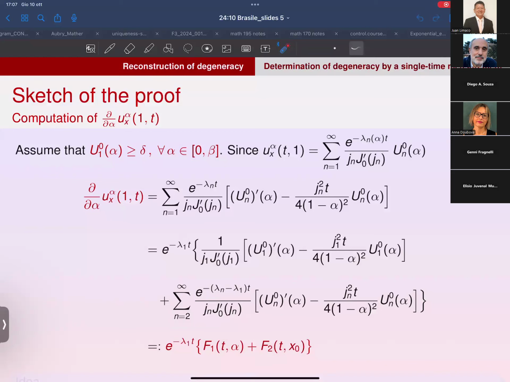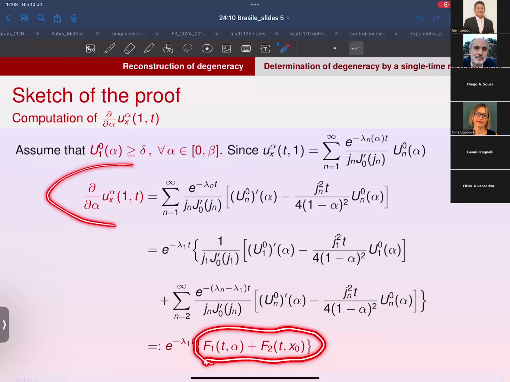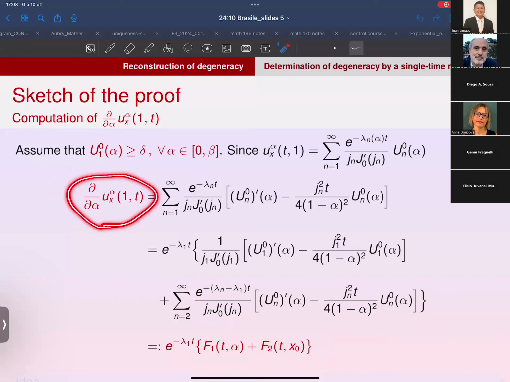Therefore, from a certain time on, this expression is positive, and so you have strict monotonicity. This function is increasing because we had supposed this positive. Had we supposed this negative, this would be decreasing, but still monotone, so still invertible.